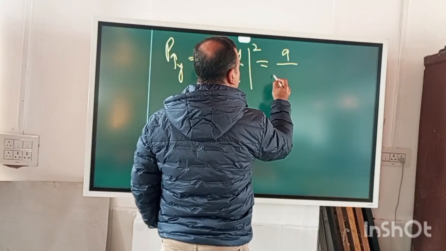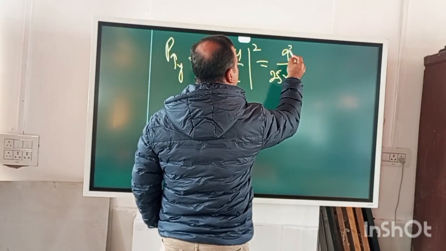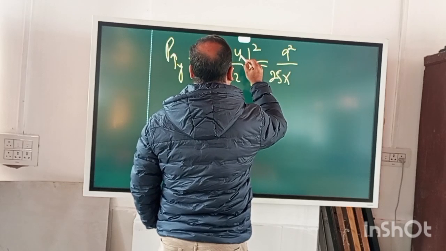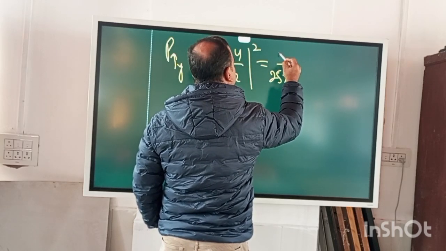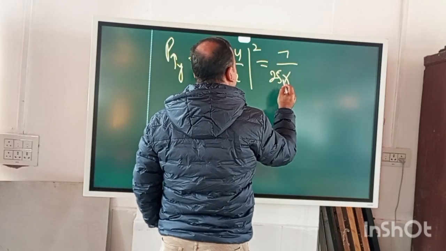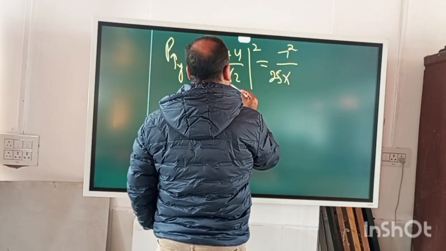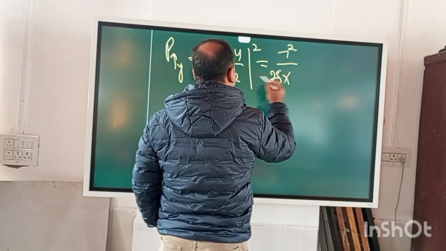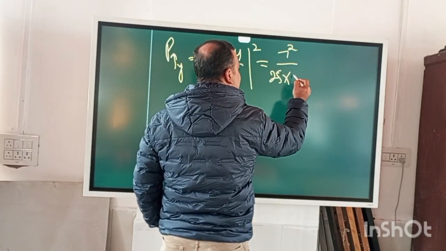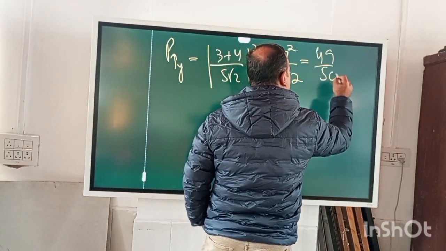So 5 will give us 25, and this will be the 9 square. Now this is 4 plus 3, that's 7. So here you have 7, and in the denominator it has to be the square of the numerator. Then in the denominator 5 square will give us 25, and root 2 square and root will cancel, you'll get 2 here. So you'll get 49 by 50.